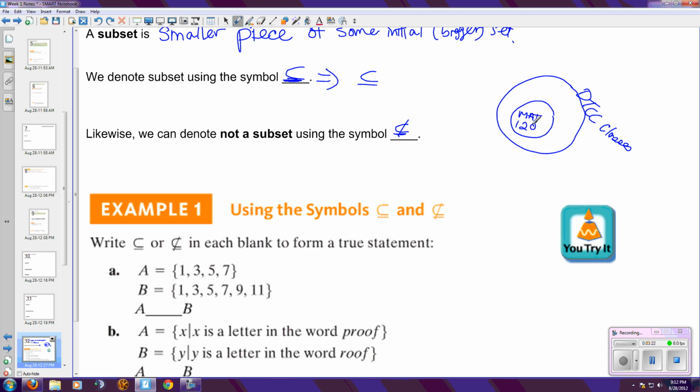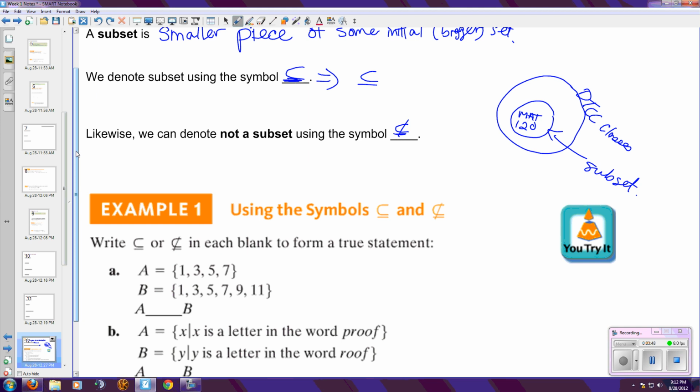And any Math 120 class could be considered a subset of the DTCC classes, since this is a course that we offer here. You can even have a subset such as your psychology course, your chemistry course, really anything that's related to your field. So MAT120 is considered the subset.